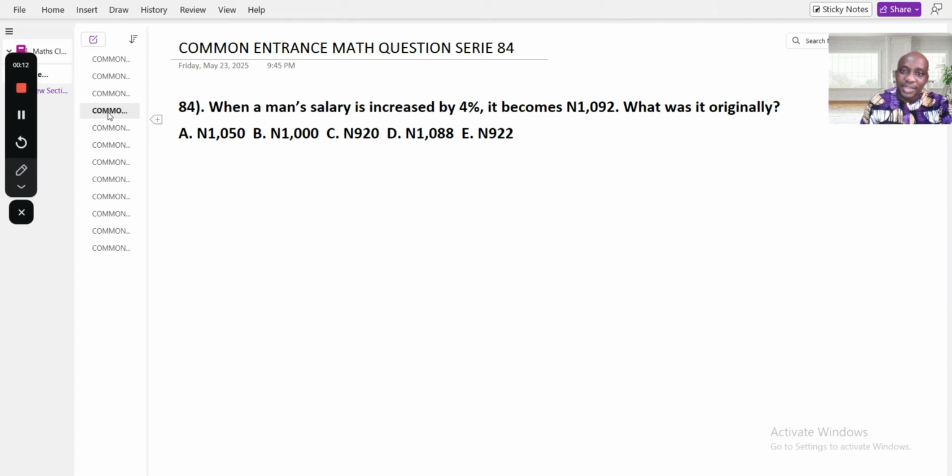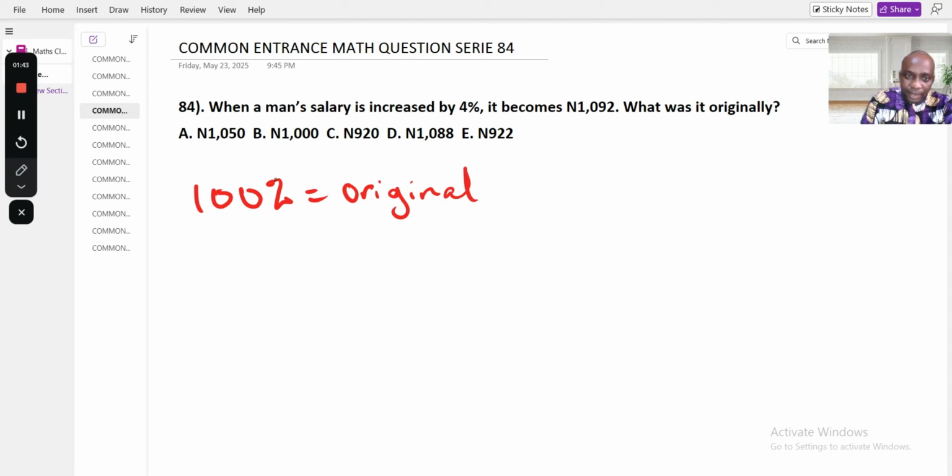When a man's salary is increased by 4%, it becomes 1,092. What was it originally? You know the 100 percent is the original amount before it was increased by 4%, the original salary.